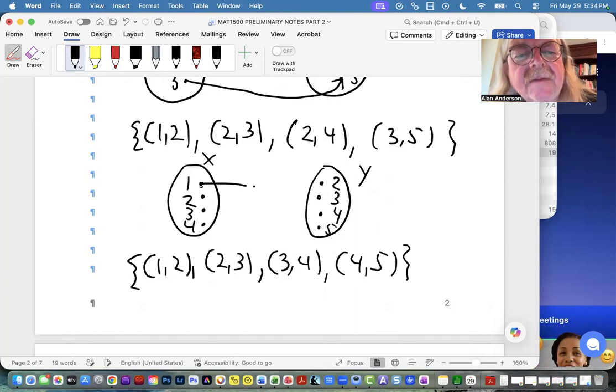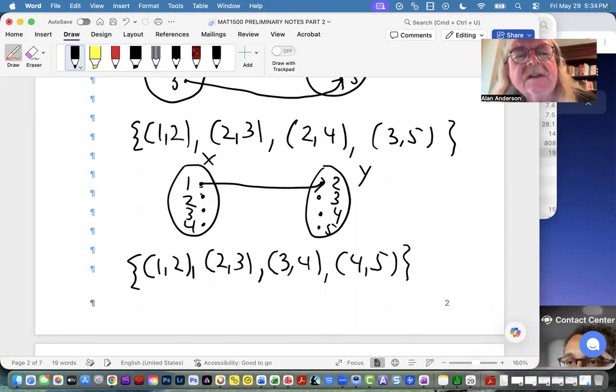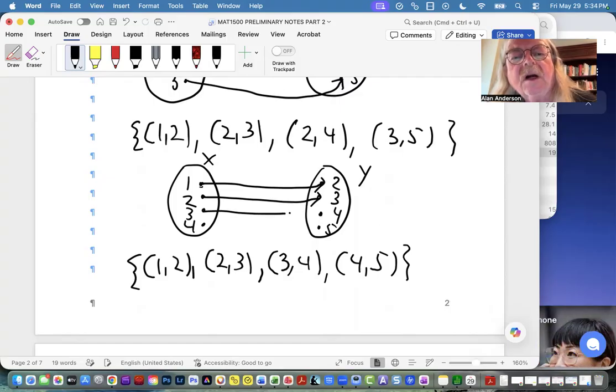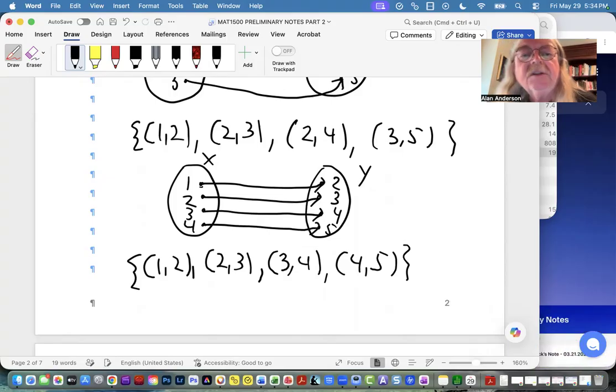And of course, this time things work a little differently because each of these x's is associated with exactly one y. So therefore, this is a function.